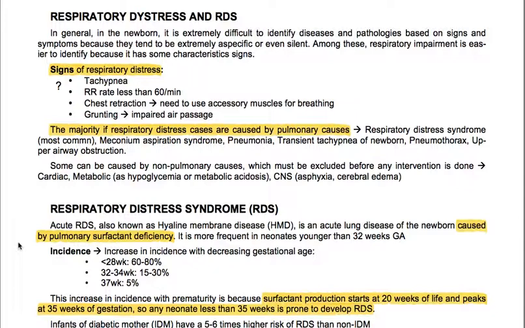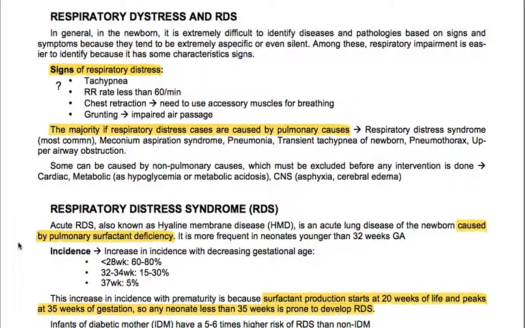Incidence increases with decreasing gestational age. Less than 28 weeks is 60-80%, between 32 and 34 weeks is between 15 and 30%, and at 37 weeks is 5%. This increase in incidence with prematurity is because surfactant production starts at 20 weeks of life and peaks at 35 weeks of gestation.